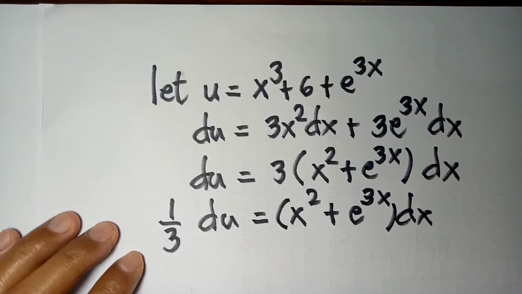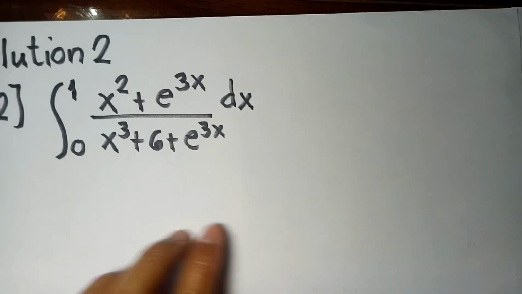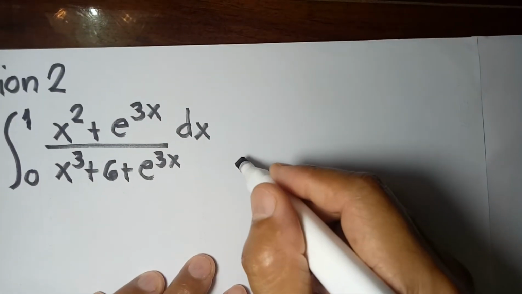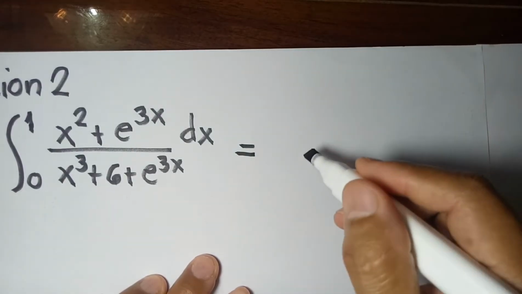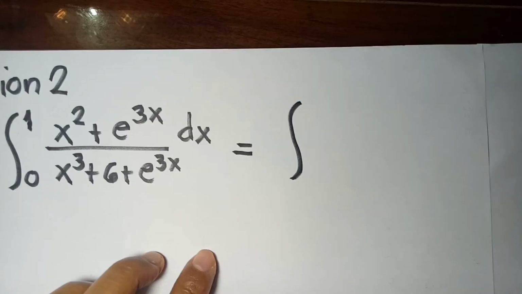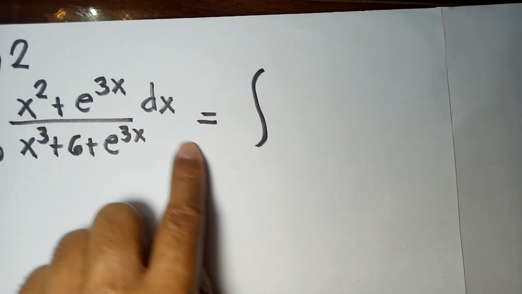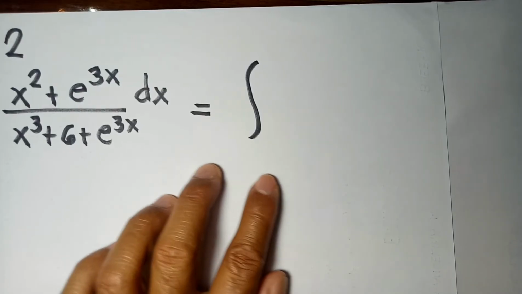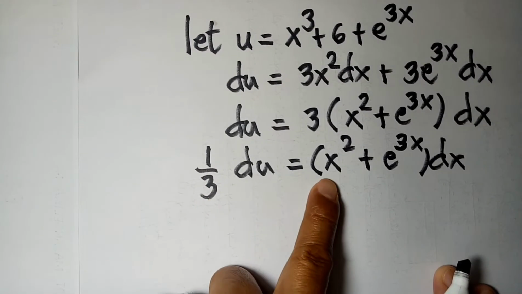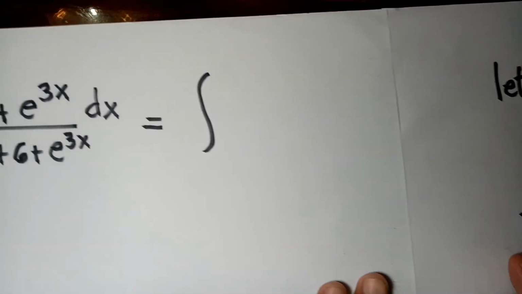Okay. So, ang kasunod natin gagawin ay susulat natin yung problem in terms of u. So, we will have the integral. So, yung x squared plus e raised to 3x dx ay equal siya sa 1/3 du. So, yung 1/3 ay constant, lalabas natin siya.